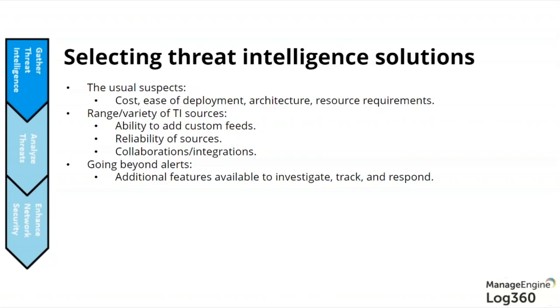We saw how there are different types of threats, different types of threat feeds. So, when you make a choice in investing in a specific solution, you would definitely need to look at where it is sourcing its threat intelligence from, so that you feel comforted by knowing that yes, this solution will give you information on the very same specific types of threats that you and your organization are interested in.